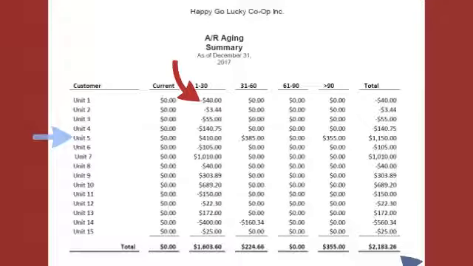So you see I've used this light blue arrow to point to Unit 5, because I note just in looking at that statement that they've got some pretty old debt. They've got $355 they owe us, Happy-Go-Lucky Co-op, over 90 days old. So I could ask my property manager, what are we doing to get this money back?